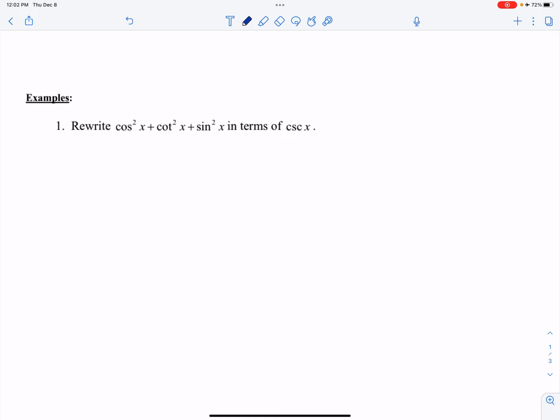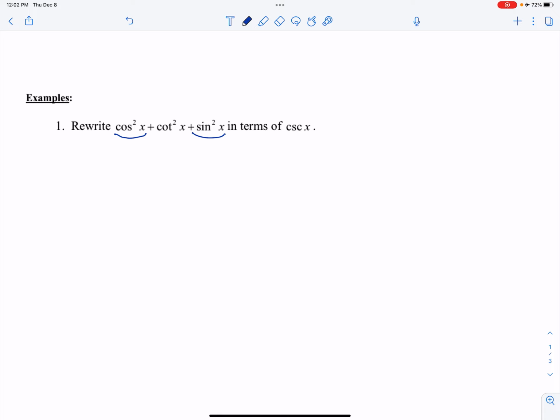We want to rewrite cosine squared x plus cotangent squared x plus sine squared x in terms of cosecant. So what we want is an answer where we only have cosecant. So I'm starting with cosine squared plus cotangent squared plus sine squared. I know that if I have sine squared plus cosine squared, I can rewrite it.